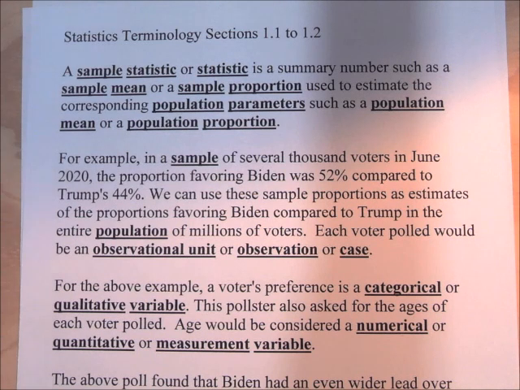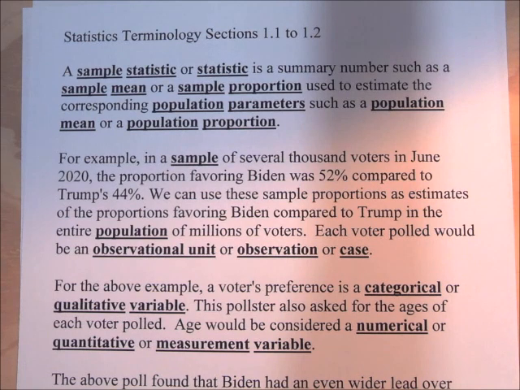They're names of candidates, so this is not a numerical variable. But we can get numbers if we add up the voters' preferences. Then we'll get numbers.